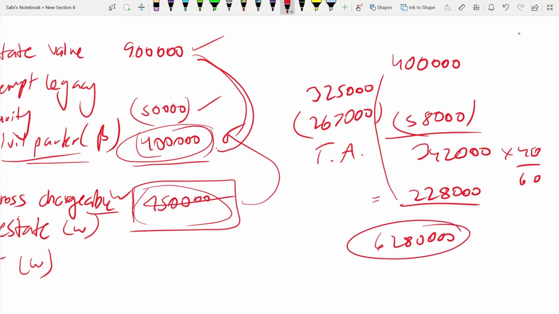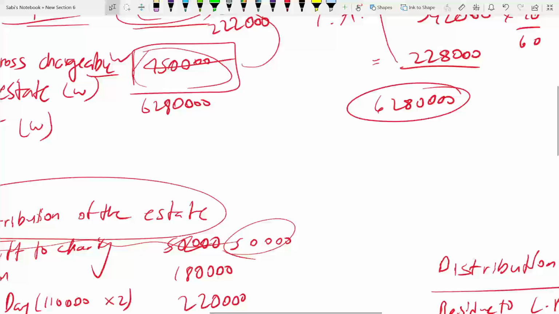Okay, so here it will be changing to 628,000, and then this will change. Rather than 400, it will reduce to 222,000. IST will be 228. So this will change.